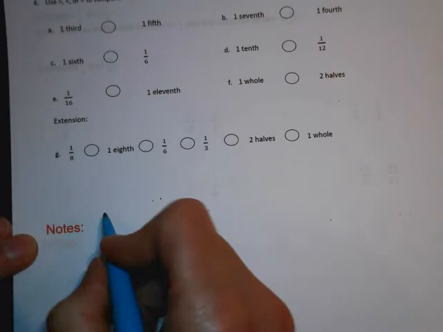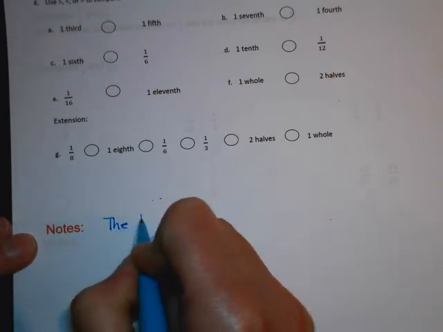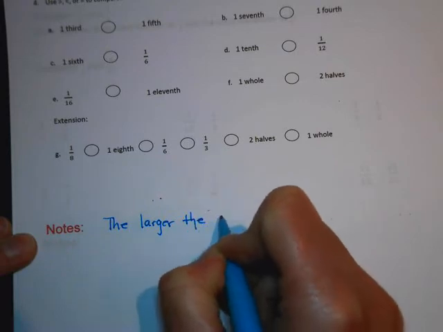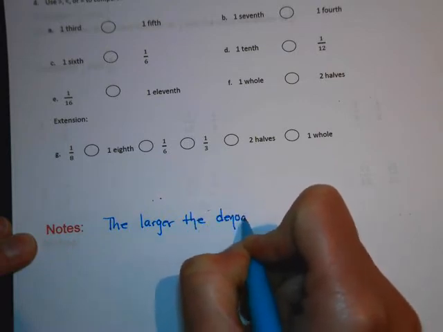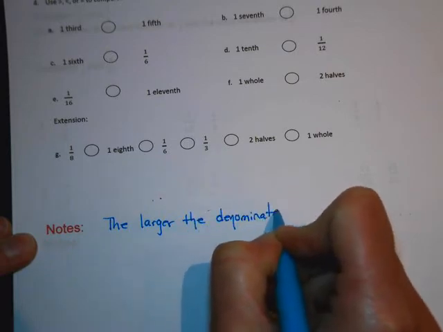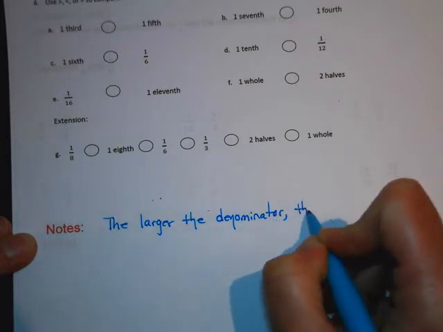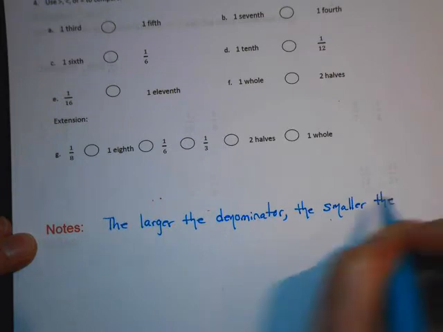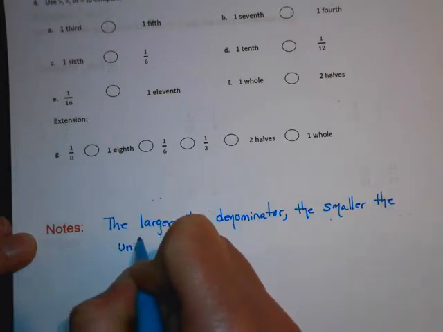I'm going to write that down in the little note section. All right? The larger the denominator, the smaller the unit fraction.